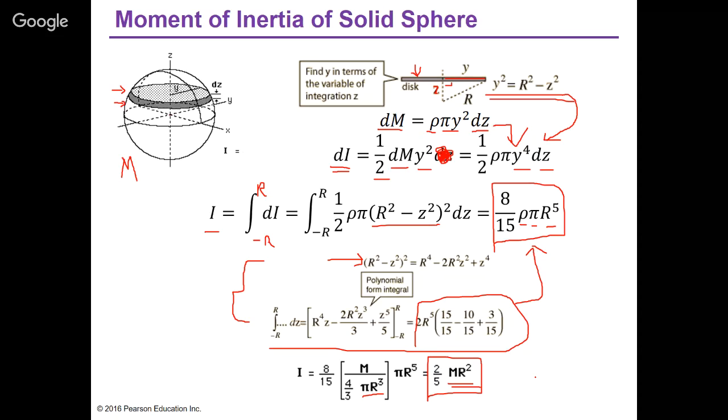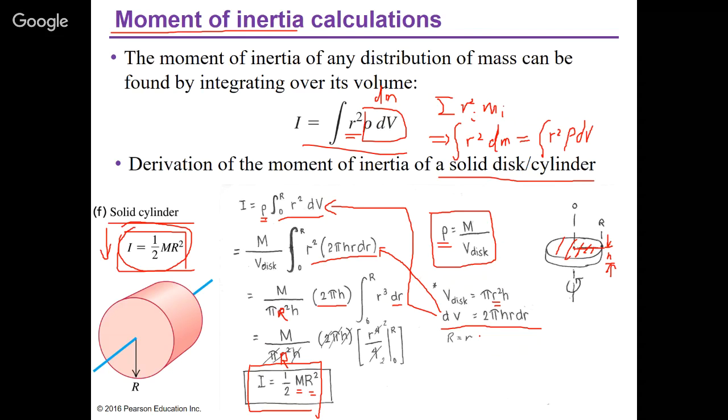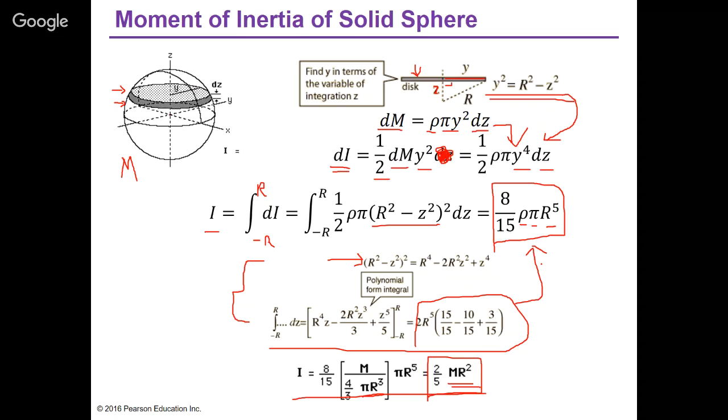That will be the moment of inertia of a solid sphere when the rotating axis passes through the center of the sphere. Okay, this is basically how it is defined. We first derive the half M r squared for a cylinder or a disk, and then we utilize that in the derivation of the moment of inertia of a solid sphere.